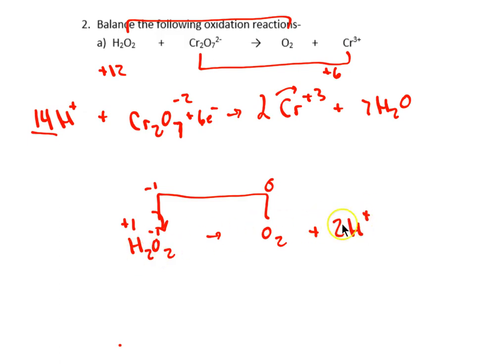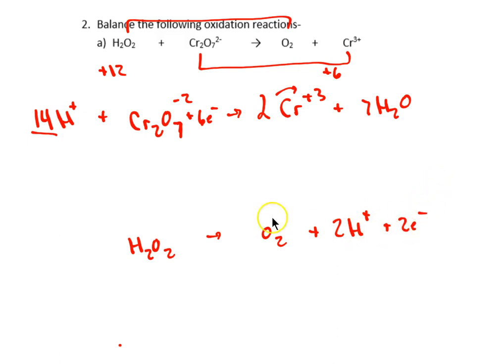All right, everything else is already balanced except for the charges, right? Let me get rid of this so we don't get too confused. All right, that part's balanced, just not the charge, correct? So this is 2 plus, so I need plus 2 electrons.